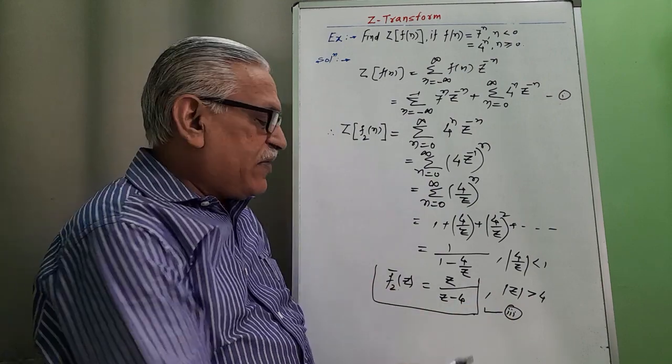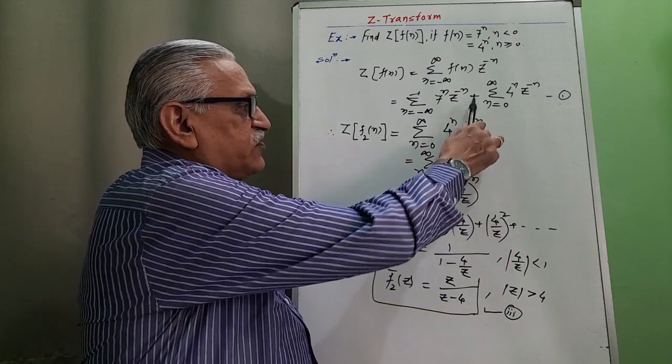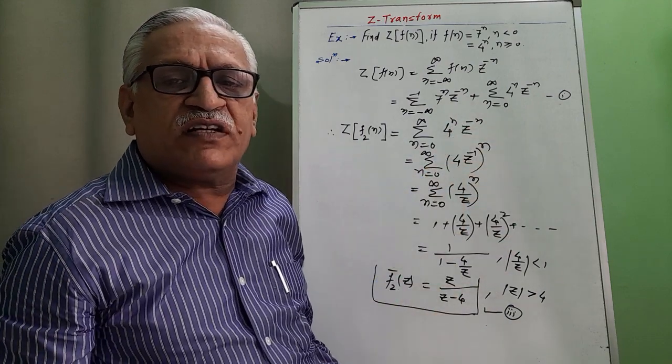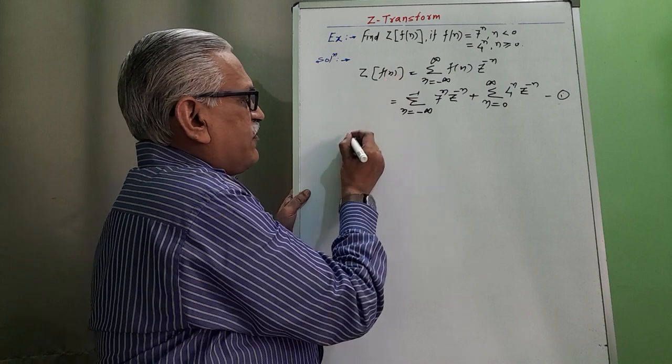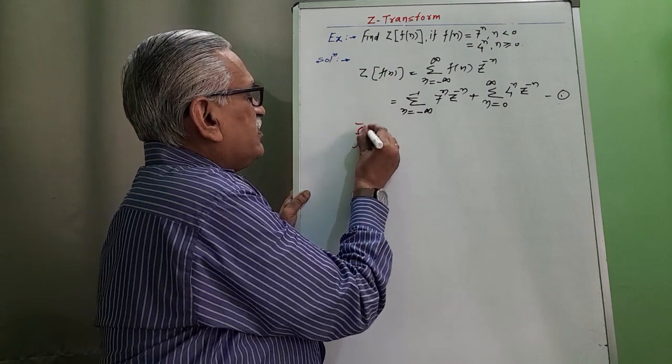Then using equations 2 and 3 in equation 1, we get Z transform of f of n is f bar of z.